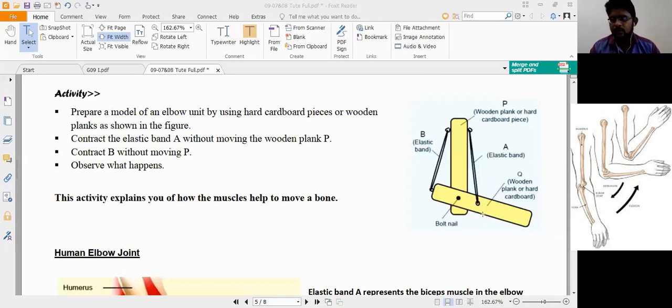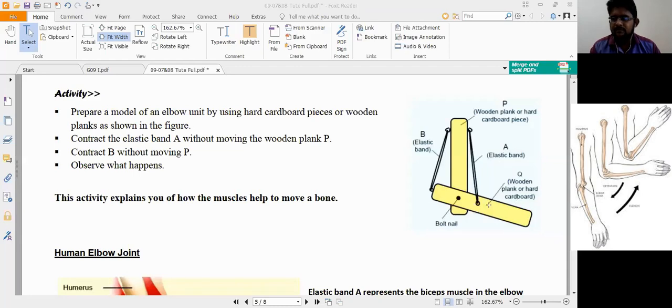Next, A I am going to decrease the length by contracting it. When I'm contracting A, I can see B will be stretching, and the length of B will be increasing. Length of A will be decreasing. At this time, what is the observation? The wooden plank Q, which was down, will be coming back up now.